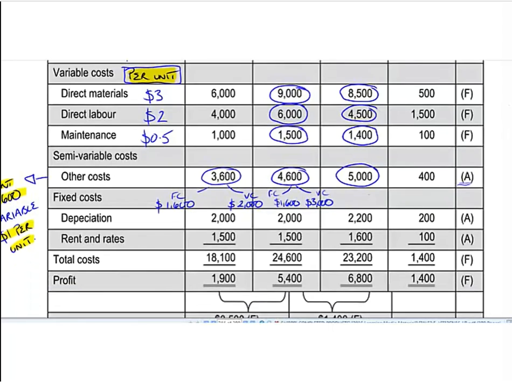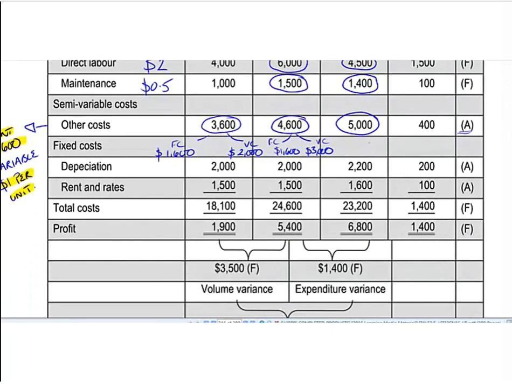Okay, if we look at our fixed costs finally, we would not expect our fixed costs to change with the number of units produced. So you can see that the original fixed budget is identical to the flexed budget, so we wouldn't change those fixed costs for a change in the number of units produced, they would stay constant.